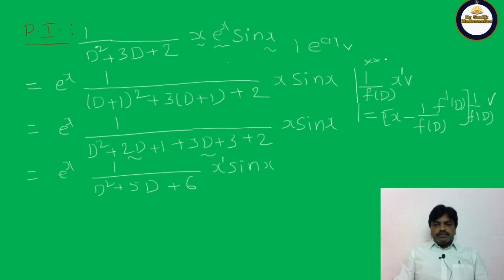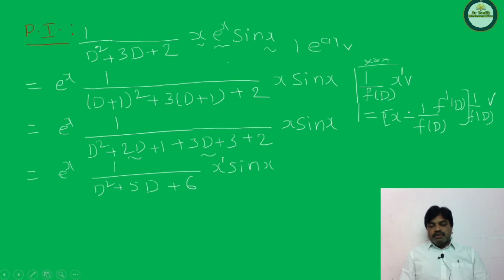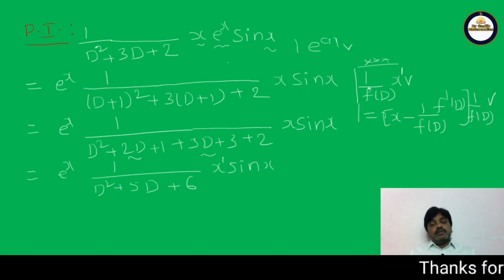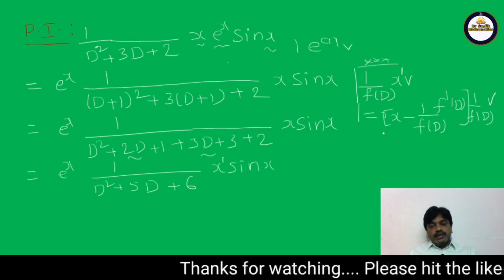This is very, very important. Once again, the formula is 1 by f of D, x v. When is it useful, friends? When the degree is 1. Generally we can apply the concept of x power m into v, friends, but in this particular problem we have to apply this formula.